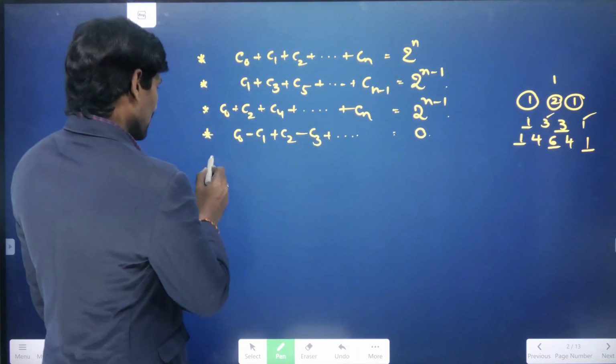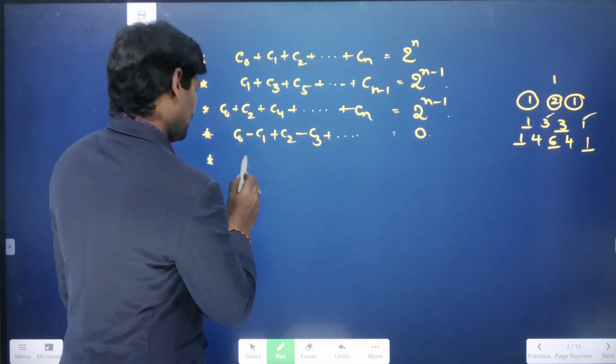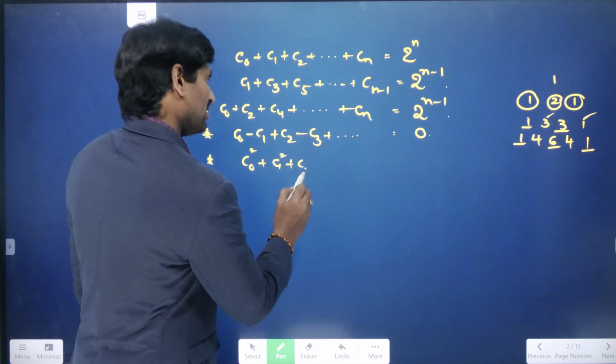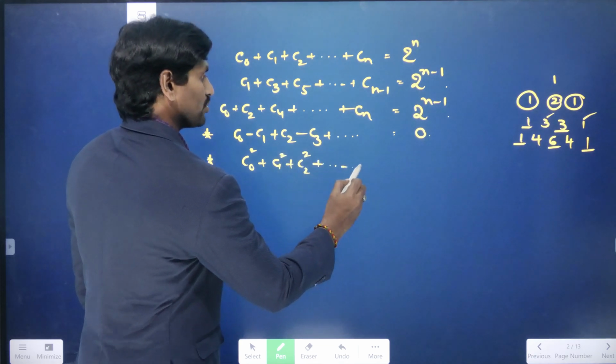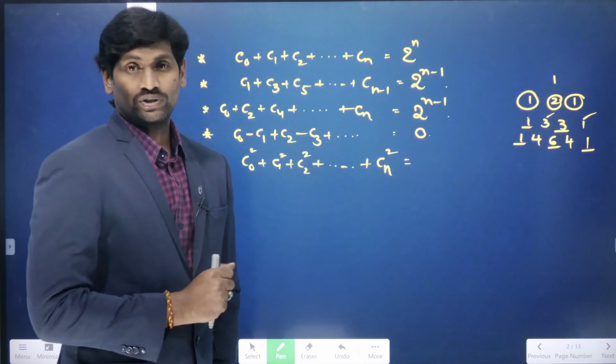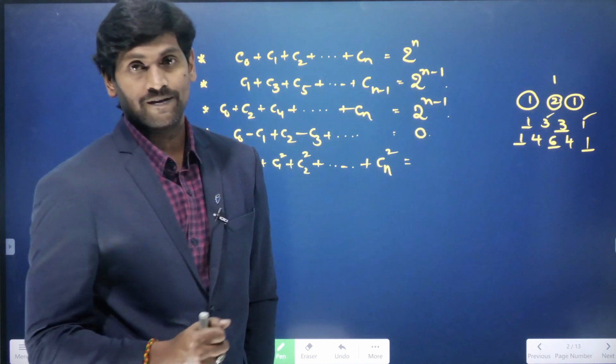Right. And the most important property is C0 square plus C1 square plus C2 square plus and so on plus Cn square. Very, very important property. This is C0 square, C1 square plus C2 square, means all squares.